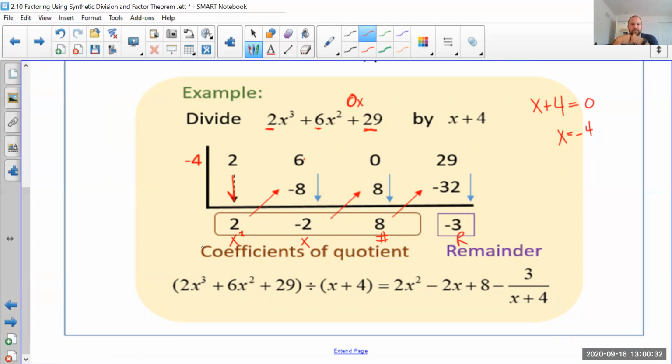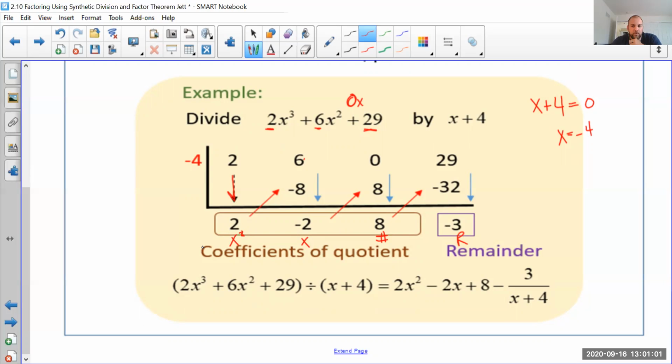Here's what we're going to talk about today. If you look at this example right here, would x plus 4 be a factor of that polynomial? No. Okay, if I say, is 3 a factor of 20? The way you'd figure that out is you take 20 divided by 3 and see if it goes into it evenly.